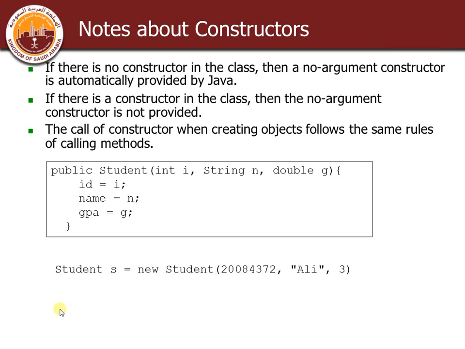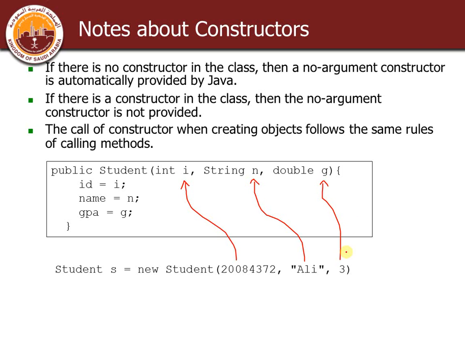What about this one? Valid? Invalid? Why is it invalid? Because this is an int going into an int, a string going into a string, and an int going to a double. And that's a problem? That's not a problem.